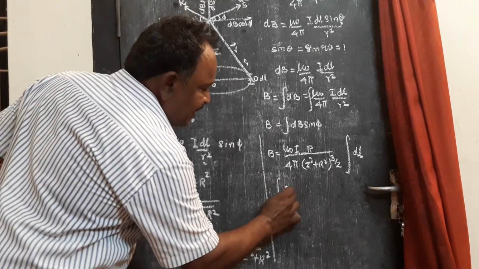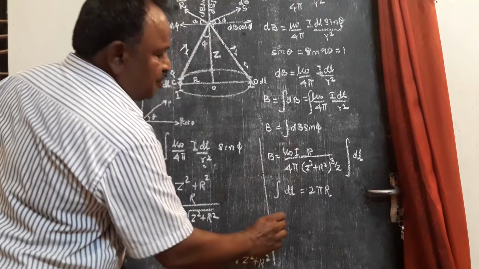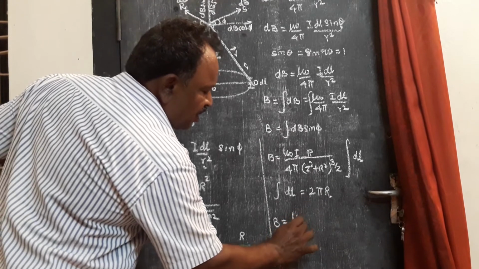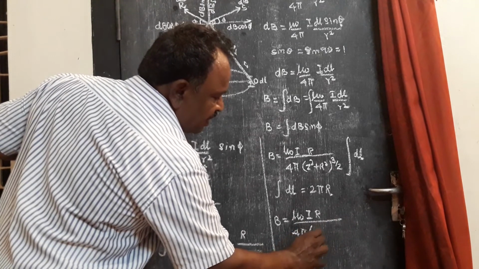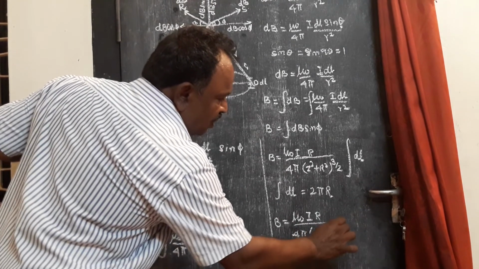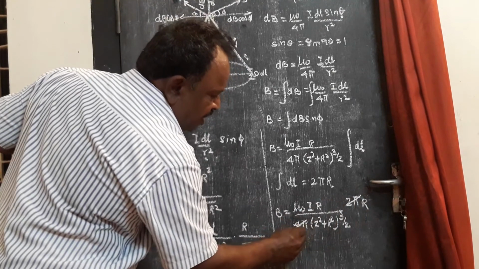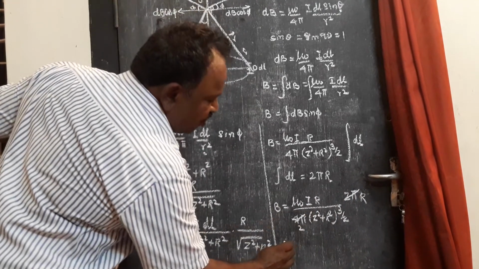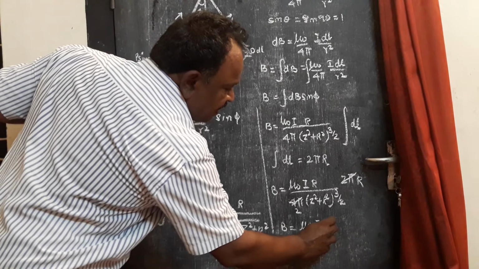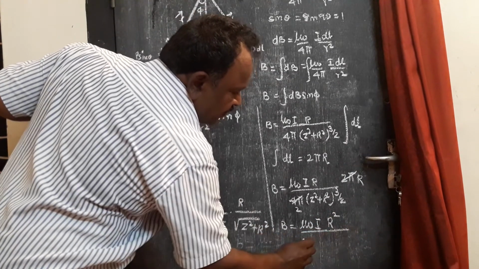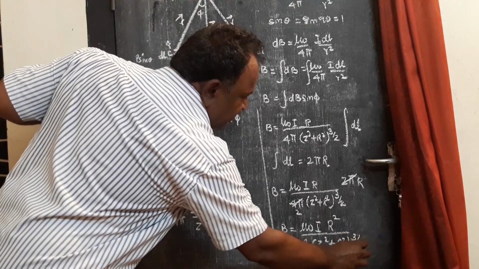So integral dl gives 2 pi R. Substituting here, you will have B equal to mu naught I R by 4 pi, z square plus R square whole power 3 by 2, into 2 pi R. This 2 pi and 4 pi get cancelled, and you will have B equal to mu naught I R square by 2 into z square plus R square whole power 3 by 2.